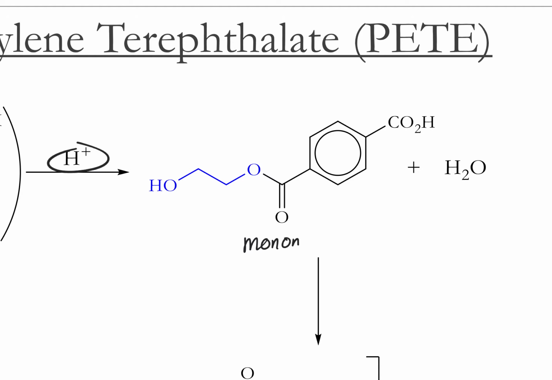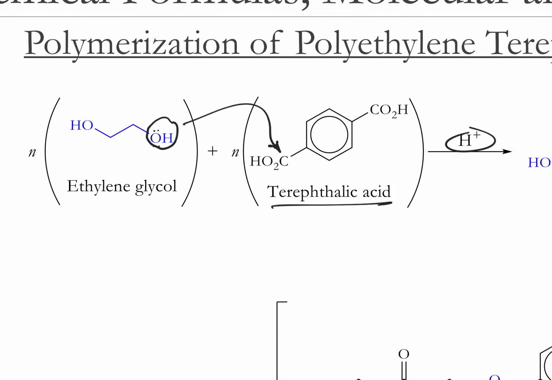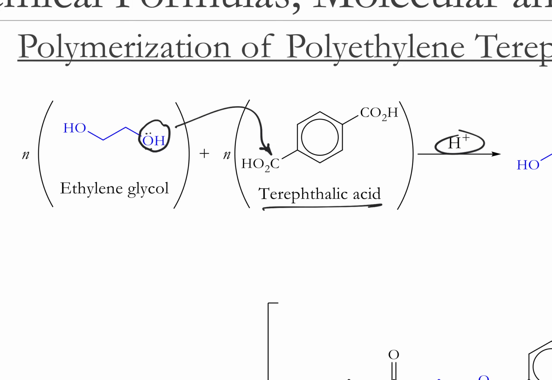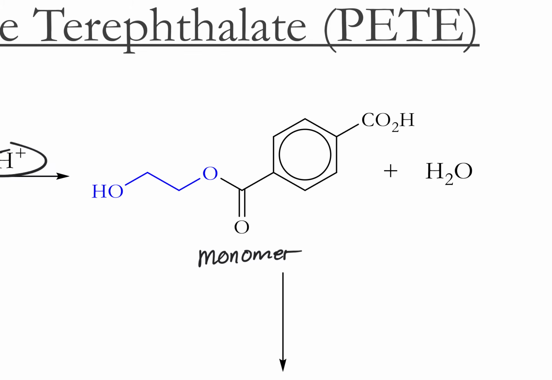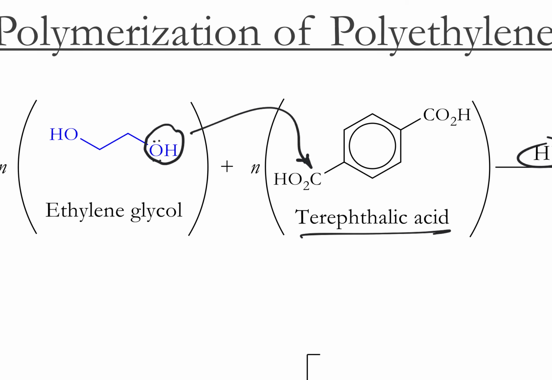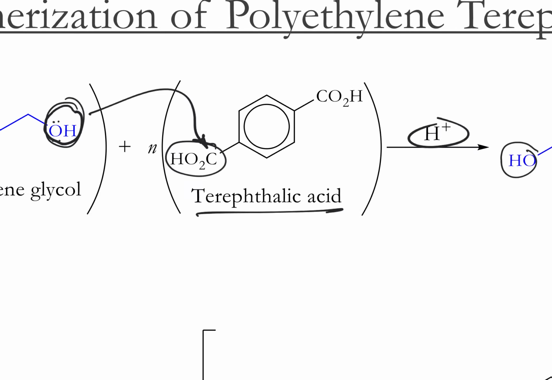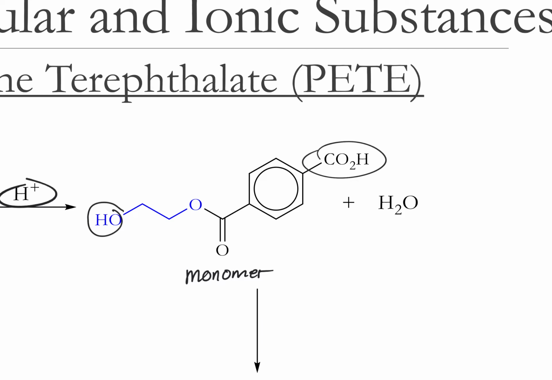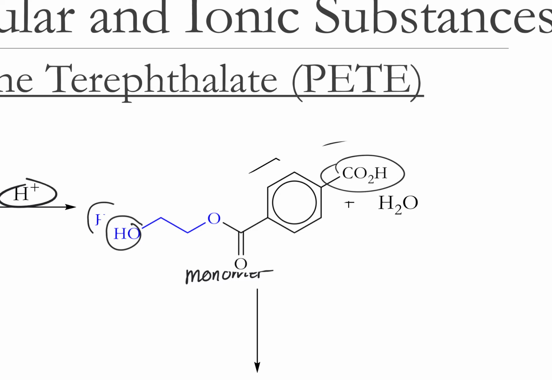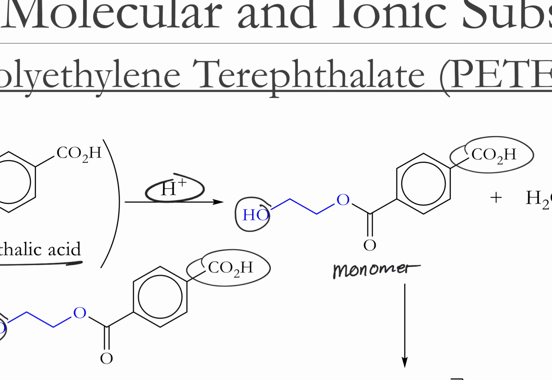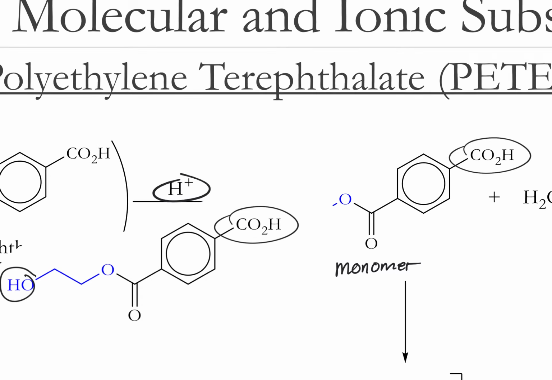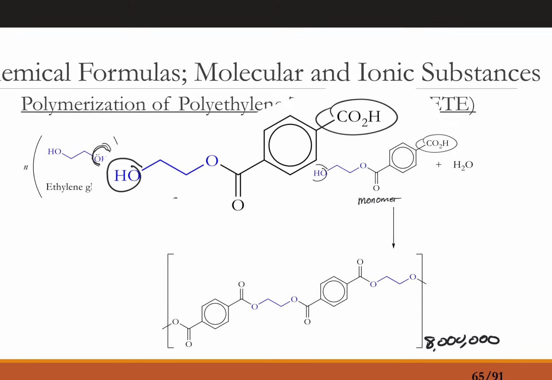Now, that monomer is actually made up of two other subunits, the ethylene glycol and the terephthalic acid. But that monomer has this OH and that CO2H, just like the ethylene glycol and terephthalic acid had, so it could react with a second molecule of itself by connecting through right there and creating something like what we see down there.